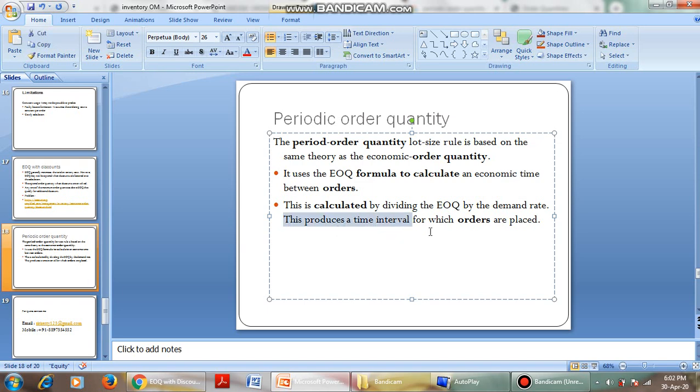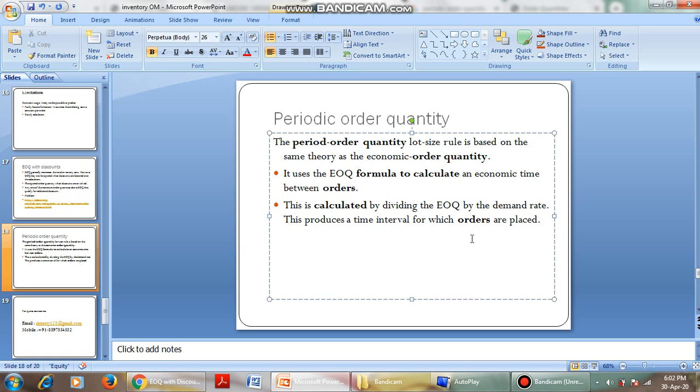Okay, which produces the time interval, that is, at what time interval you have to place the order. I'll tell you a simple way. Periodic order quantity is nothing but the time period at which we have to place the order. We calculate this by dividing EOQ by demand rate, and at that time interval we will place the order.